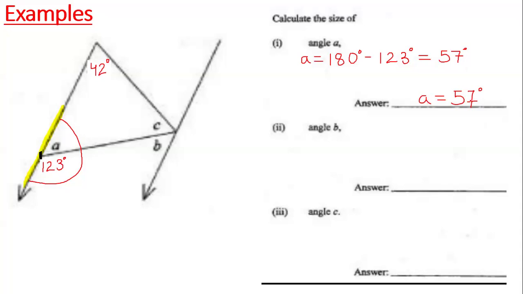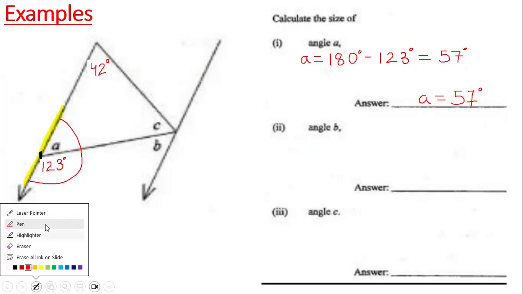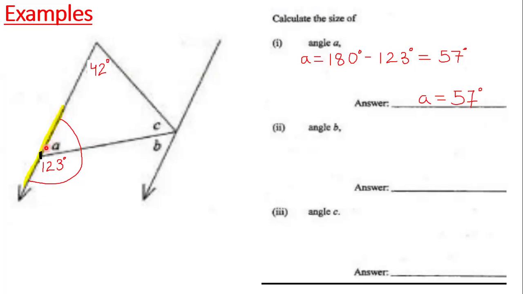How do I get that A is equal to 57? What did I do? You subtract 123 from 180. Why would I do that? What's the reason? What's the rule that I'm using?